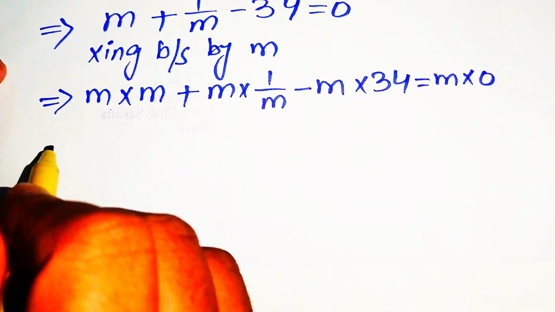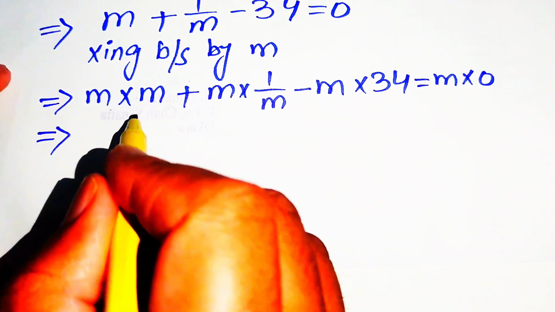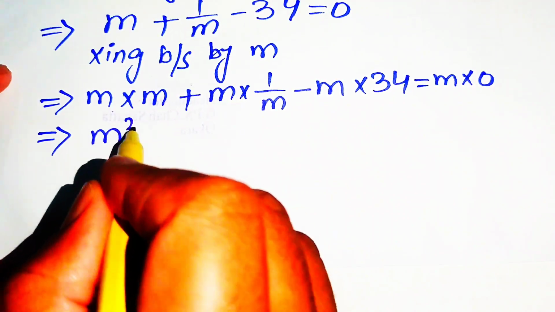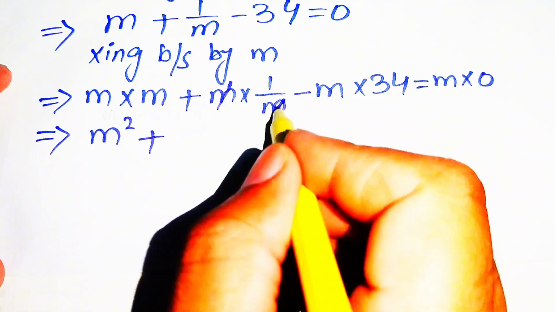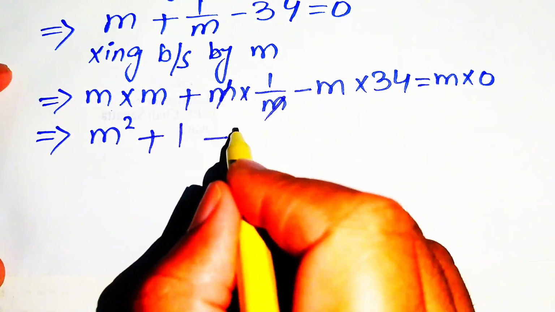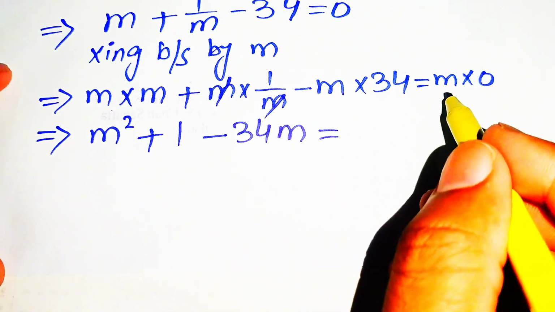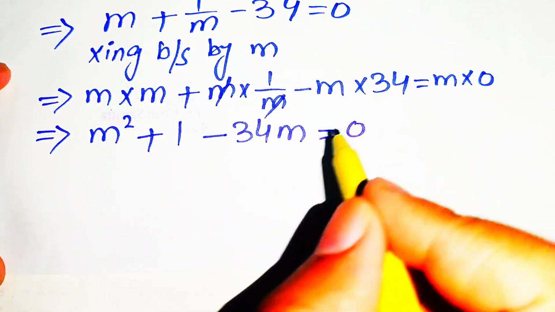With a little simplification, m multiplied by m equals m square, this m is cancelled by this m and we get 1, and we get minus 34m equals, m multiplied by 0, which is 0.